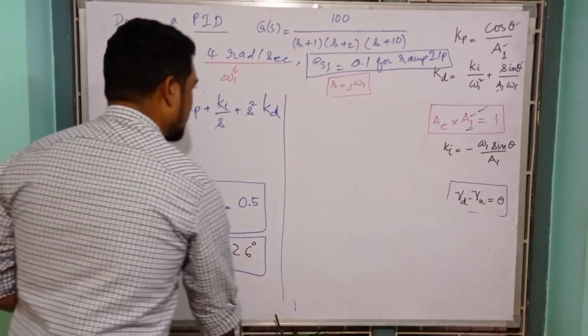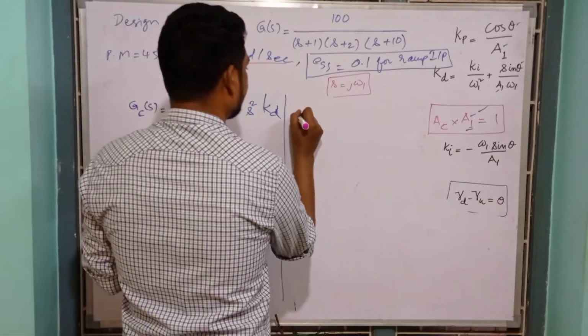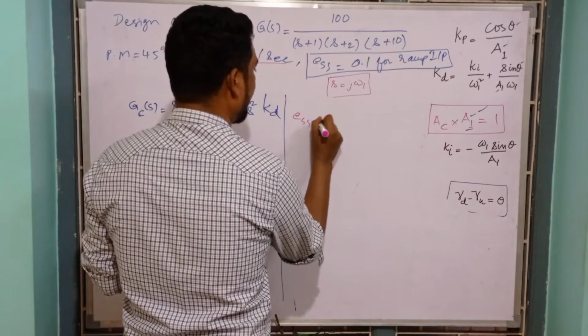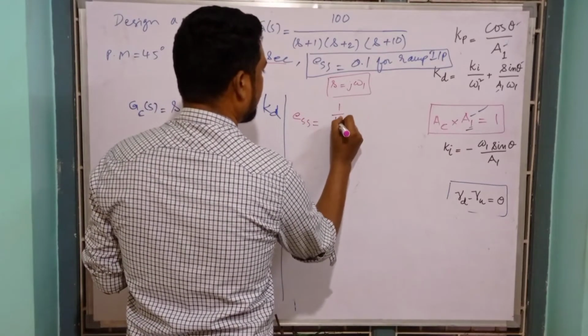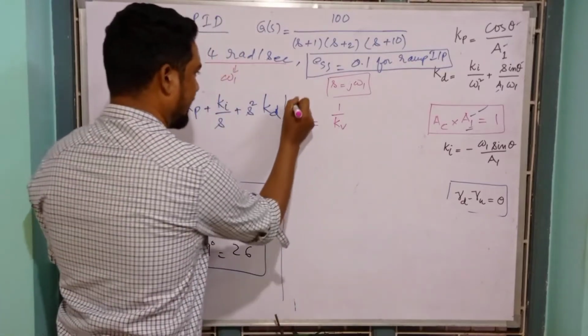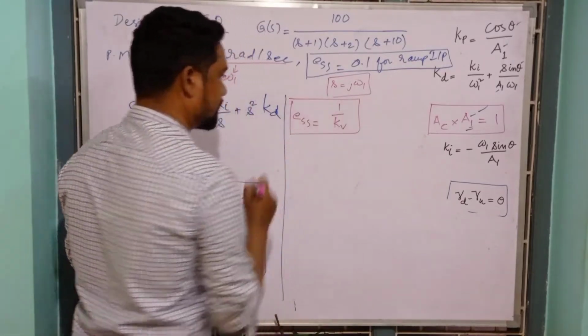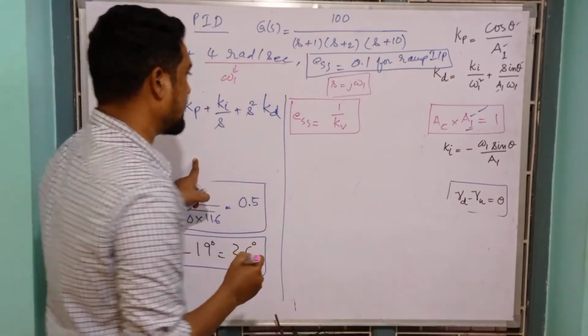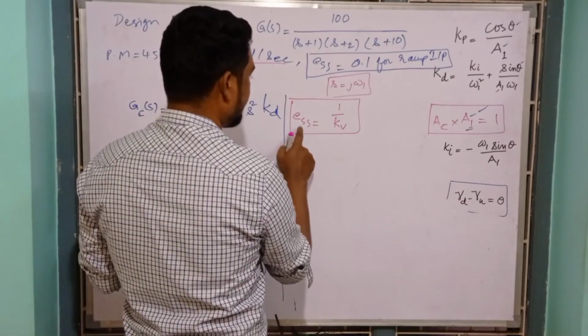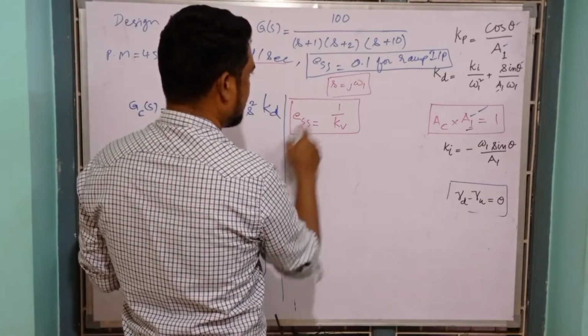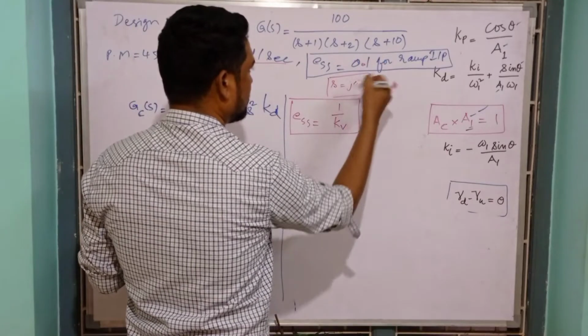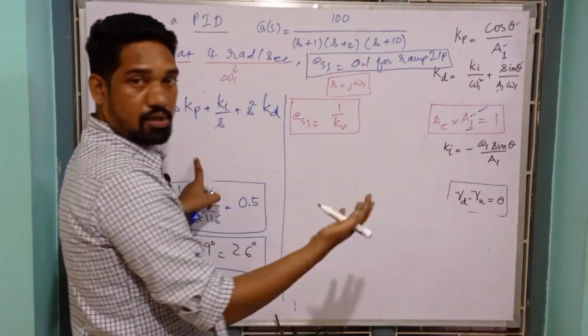Okay, so guys, steady state error ESS for a ramp input is given as 1 by kV. You have to have this from previous knowledge of steady state errors. It's given that steady state error ESS is equal to 0.1 for the design purpose.